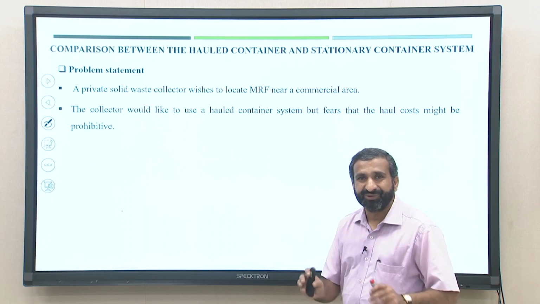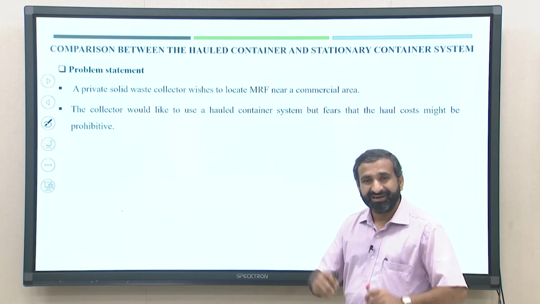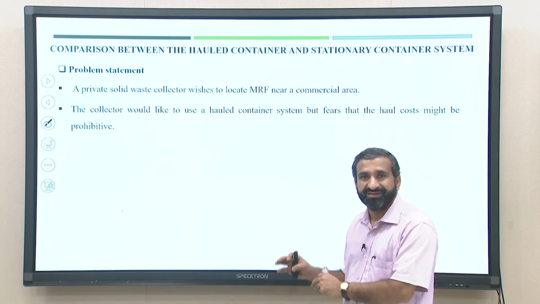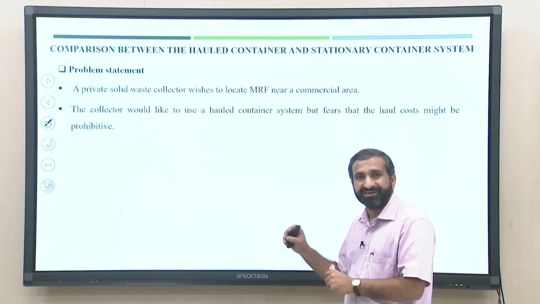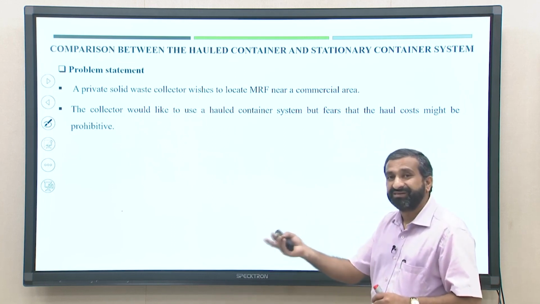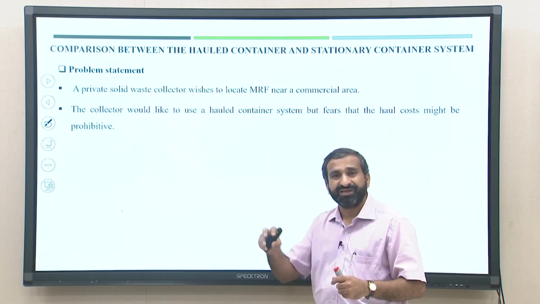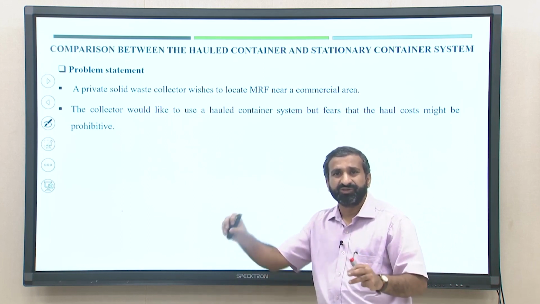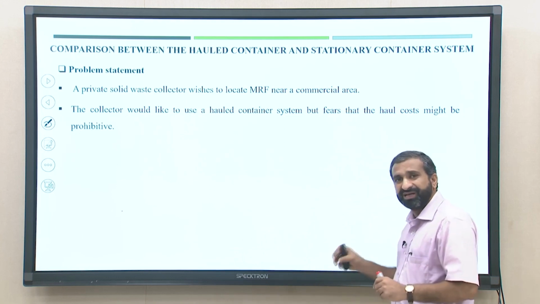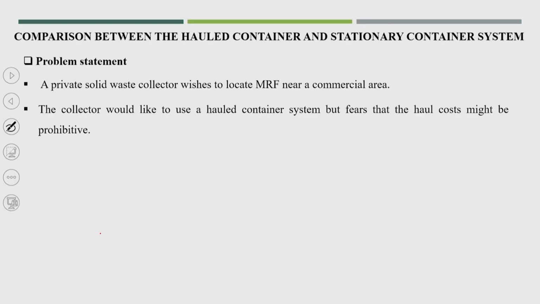As I also told, there is a lot of hauling, and a lot of hauling means for every location you need to haul the vehicle to the recycling or disposal facility. But if you compare with the stationary container system, only once in a route the vehicle will haul to the recycling facility or disposal facility. But the collector fears that the haul cost might be more if he uses the haul container system.